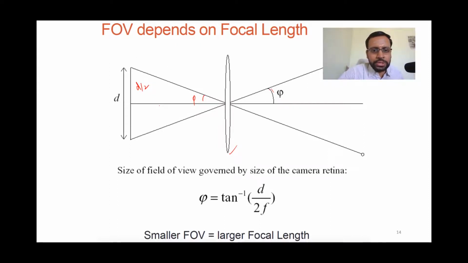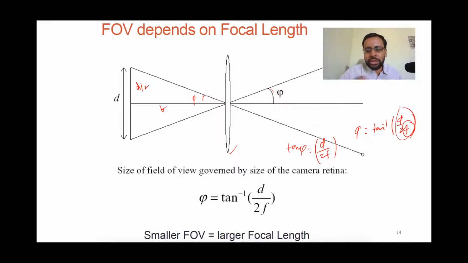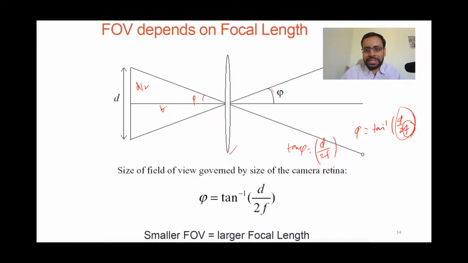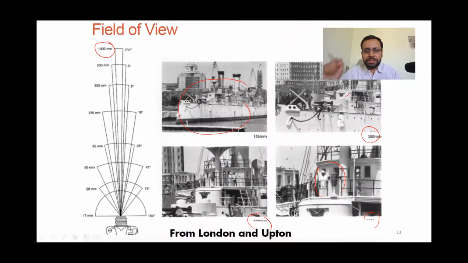So phi equals tan inverse of d by 2f. As f keeps on increasing, this value would decrease, so does tan inverse, and so does the field of view. Is that clear? Any questions about the relationship between the field of view and the focal length?